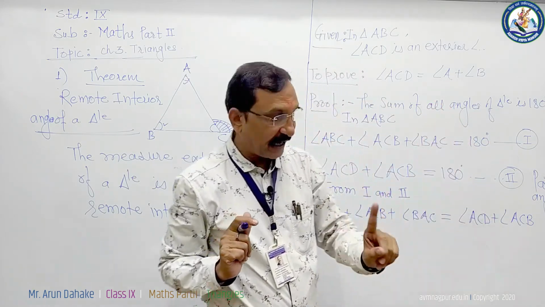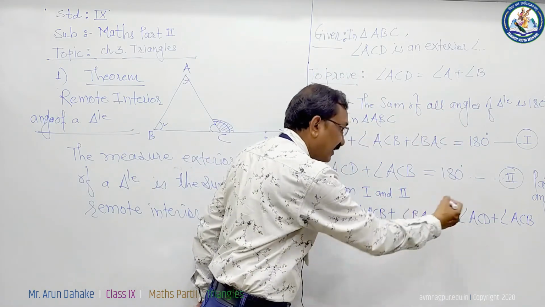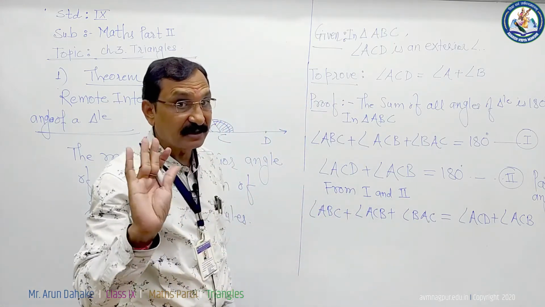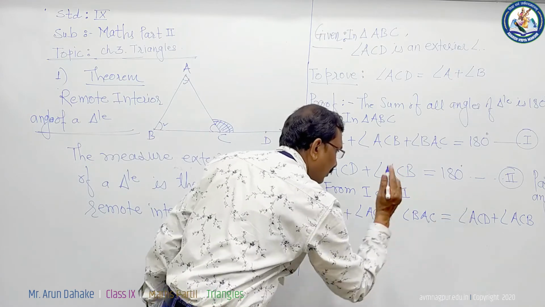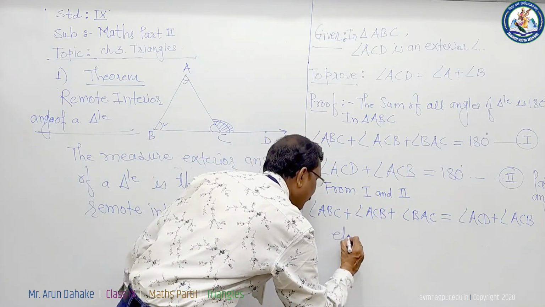But we cannot cancel out angles from the left hand side and right hand side. Angles cannot cancel out. We can eliminate this one. So, eliminating angle ACB from both sides.